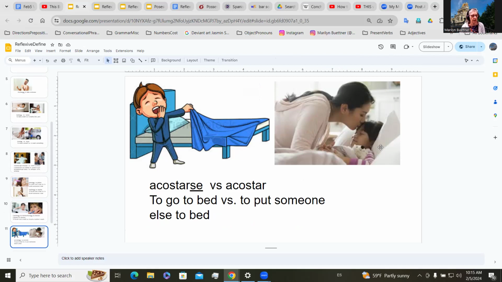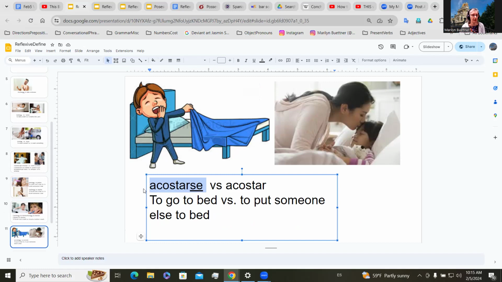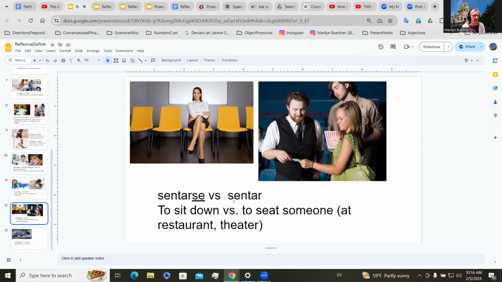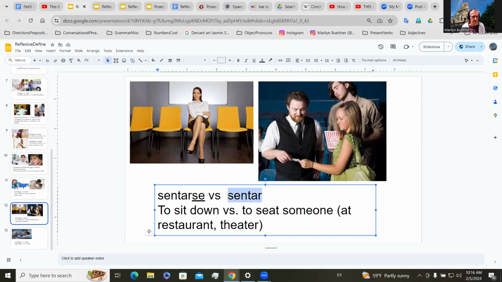Acostarse, acostar is to put somebody to bed, like, again, a little kid. But acostarse, to get in bed, to go to bed. Okay, bien. So these are the common kinds of verbs that we call reflexives. Sentar means to seat somebody, to show them where their seat is, right?